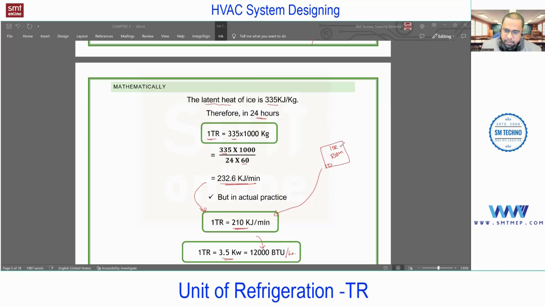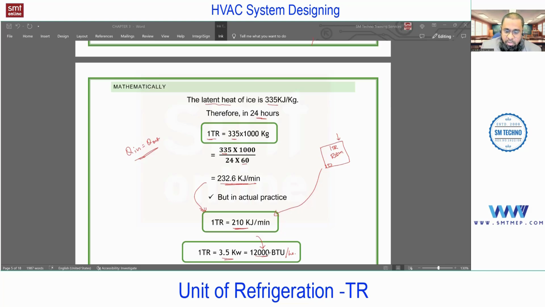Yes, and if the rate of heat gain is more than that, we cannot maintain the temperature. If the rate of heat gain is less than that, one can maintain the temperature. We'll discuss that in detail in the load calculation topic. To maintain the temperature, it should be balanced, na? Q in should be equal to Q out. So at this level, we are just learning the concept of cooling capacity.